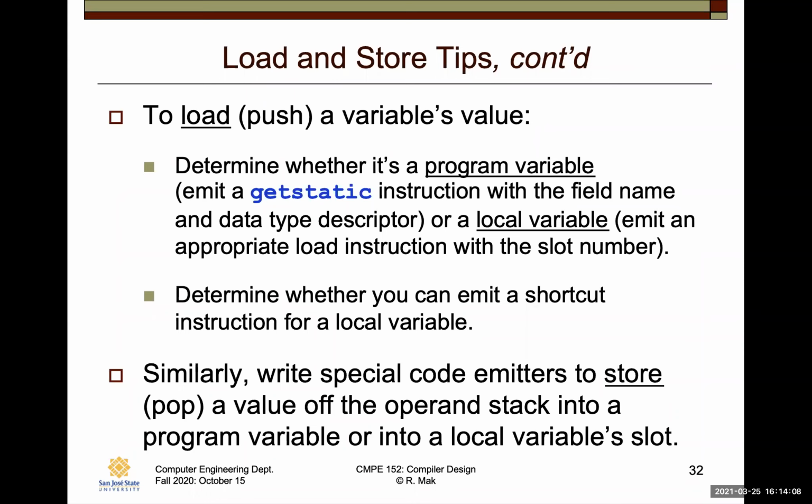And of course, your next assignment will be to start emitting Jasmine code, but we'll put that off until you're done with the code converter. And then the ultimate project for this semester is to write a compiler that emits Jasmine code, a true compiler.